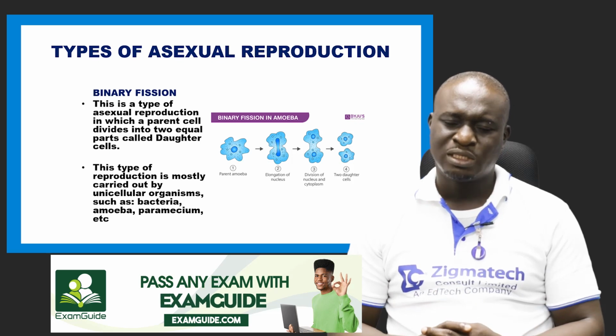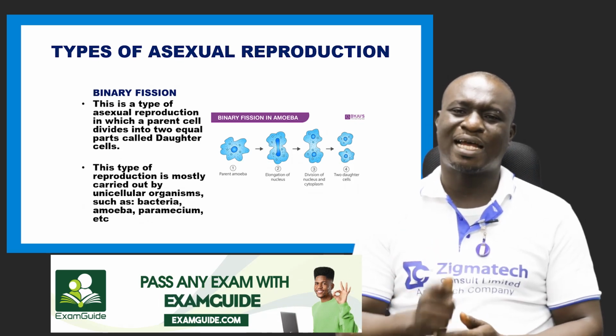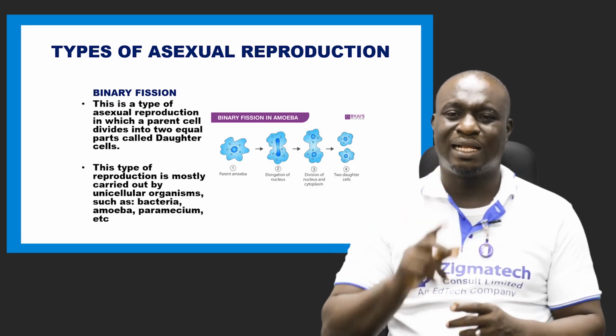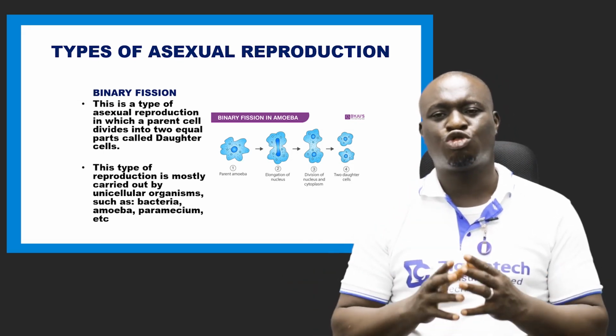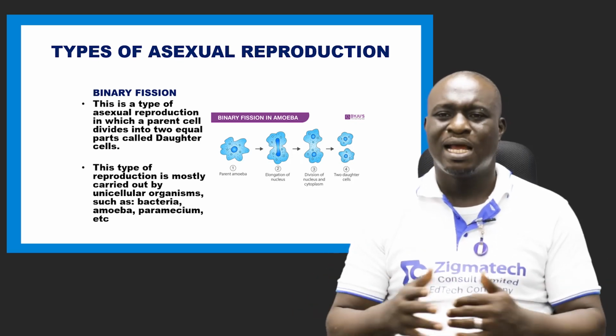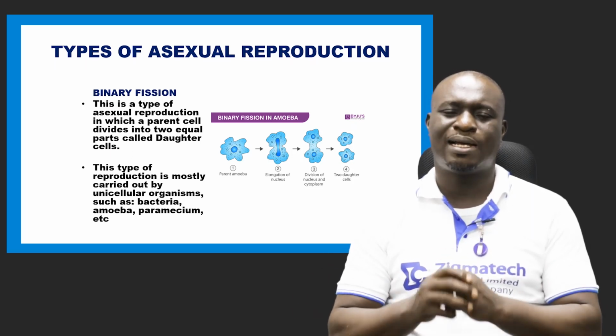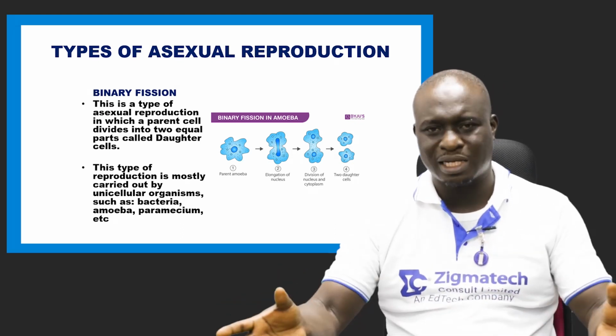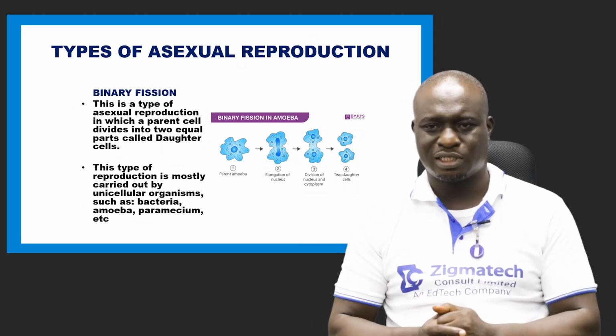Binary fission is a type of asexual reproduction in which one parent cell divides into two equal parts, and these two equal cells are what we call daughter cells.